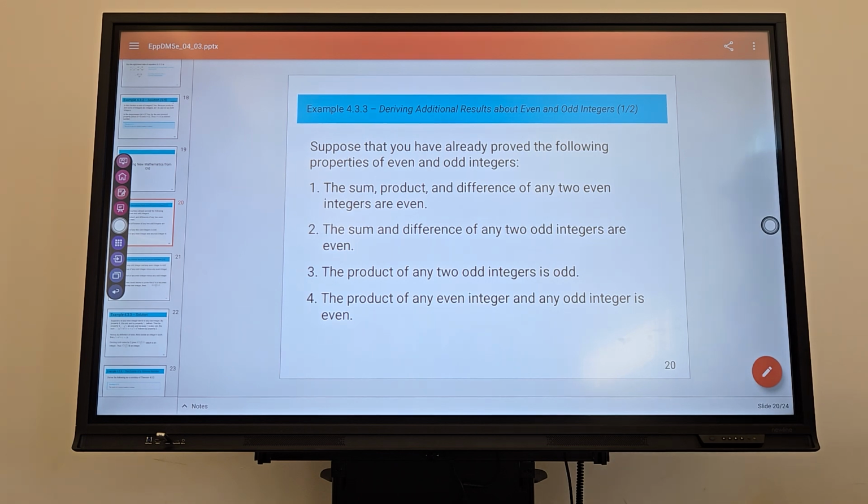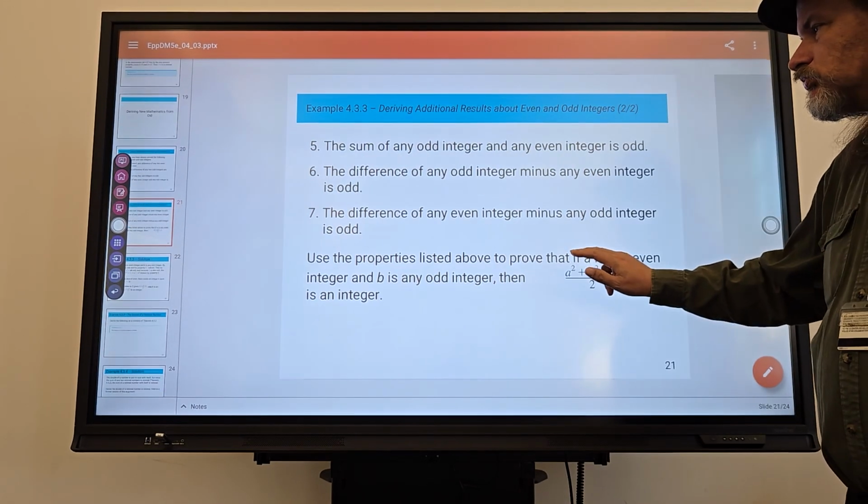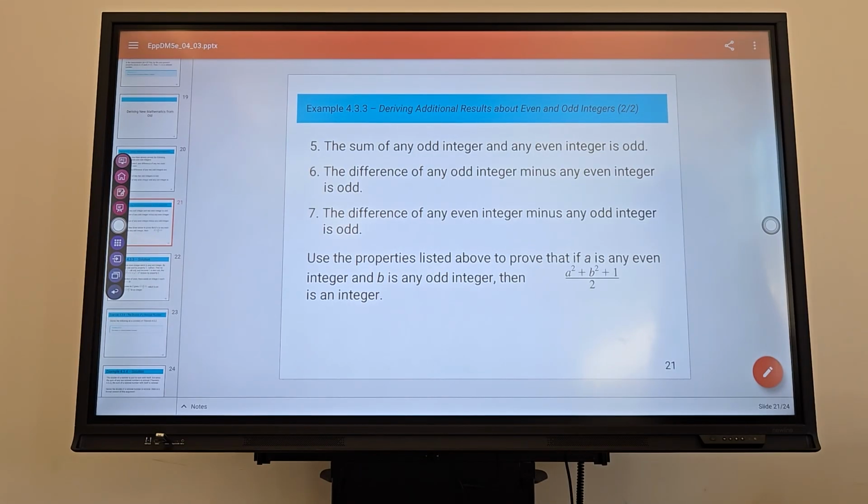The product of any even integer and any odd integer is even. The sum of any odd integer and any even integer is odd. The difference of any odd integer minus any even integer is odd. The difference of any even integer minus any odd integer is odd.